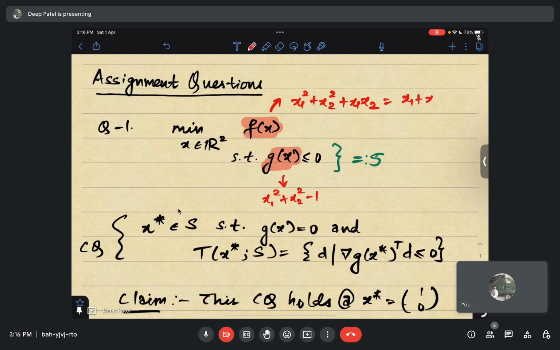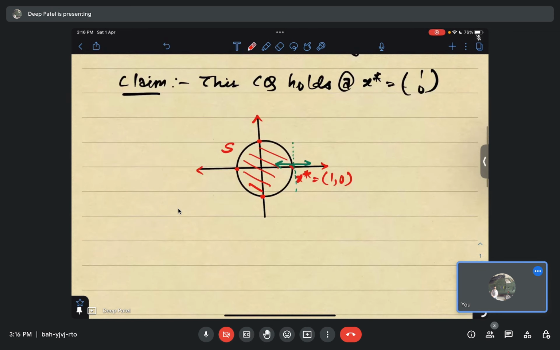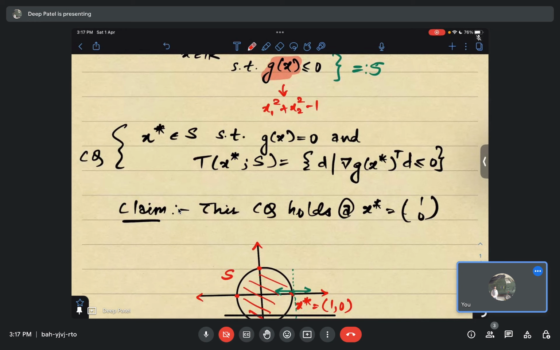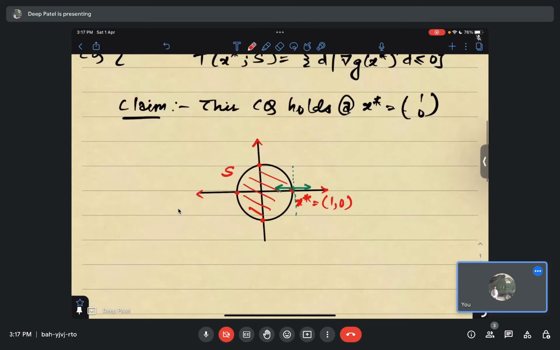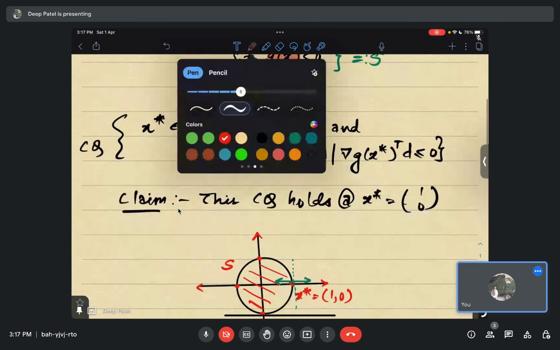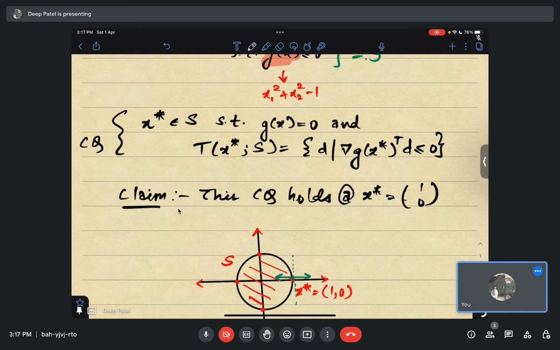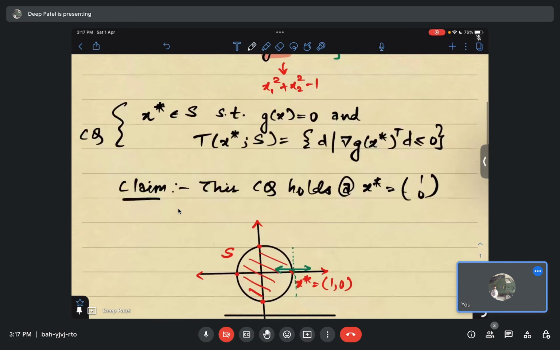Not right away obvious, right? I just wanted to see if we can geometrically say something, but as of now it seems like we can't say much more. So let's just go back to the information that we are given.